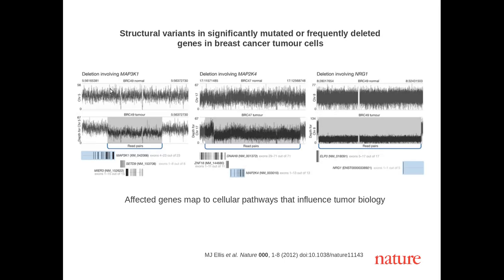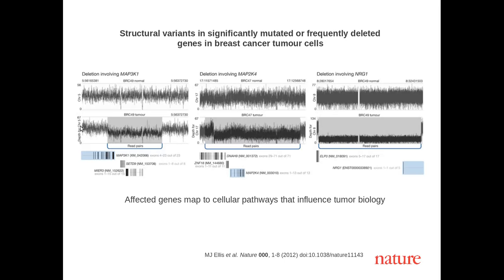In a normal sample on chromosome 5, the read depth looks like this, at about the 56 megabase position. But in breast cancers, there's a common mutation that leads to the deletion of the MAP3K1 gene. Several of the exons in MAP3K1 are missing because of this common deletion.